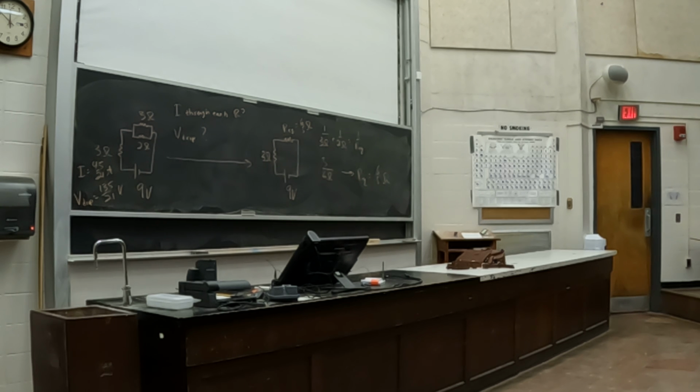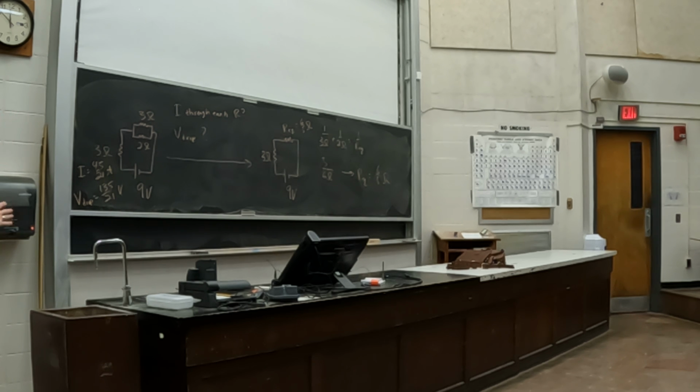You saw the same thing with charge and capacitors. If I ask you to find the ratio of the current flowing through the top resistor to the current flowing through the bottom resistor, anybody want to take a guess what you're going to find? The way I asked it, it'd be 3 over 3 halves. But yeah, if I asked it the other way, it'd be 2 over 3. Yeah, absolutely.